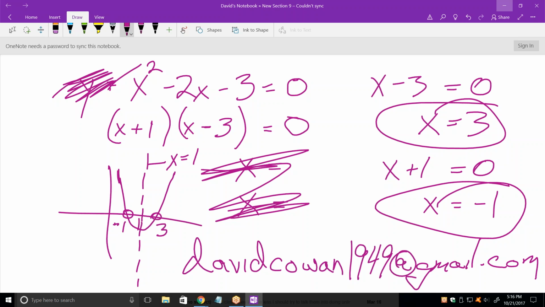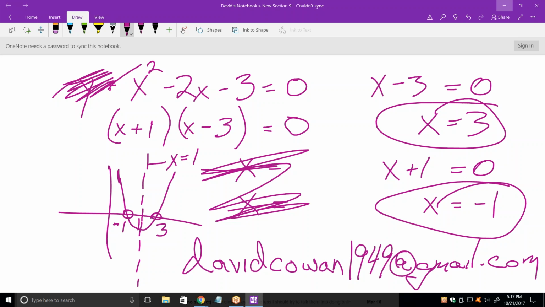It's the line x equals 1. That is the equation of a line. So the axis of symmetry is always halfway between the two x-intercepts. The moment you have your two x-intercepts, add them together, divide by 2, and that's where your axis of symmetry is.